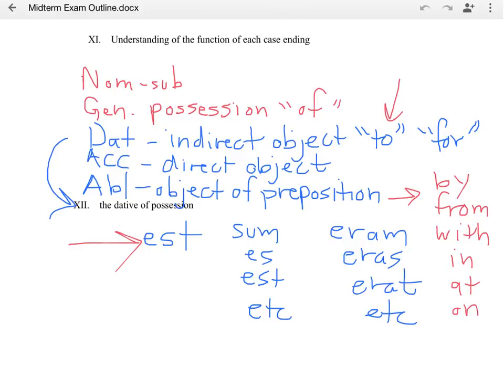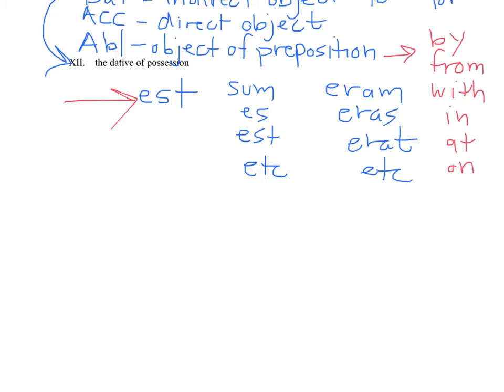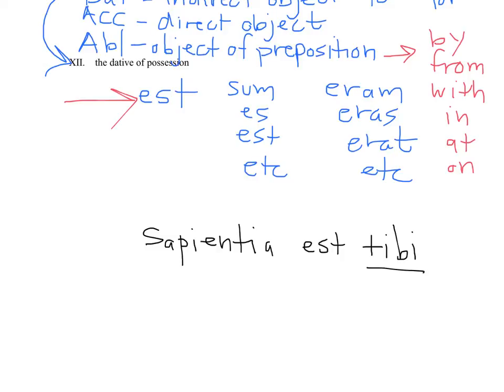The dative of possession, as was mentioned, is the dative when you use the verb to be. You can have a sentence like "sapientia est tibi." That's the dative. And that sentence, even though it looks like it might say "wisdom is to you," should be translated more like "you have wisdom."